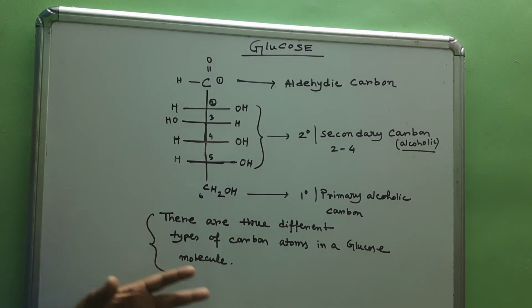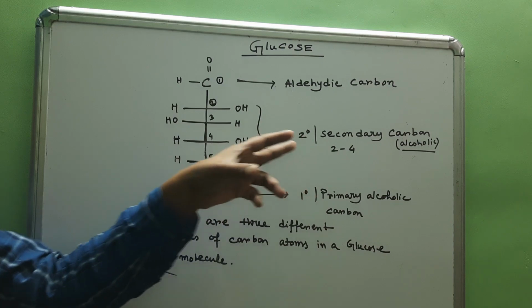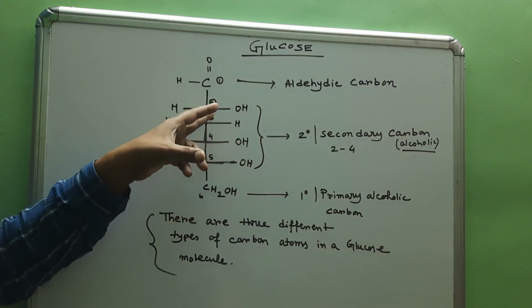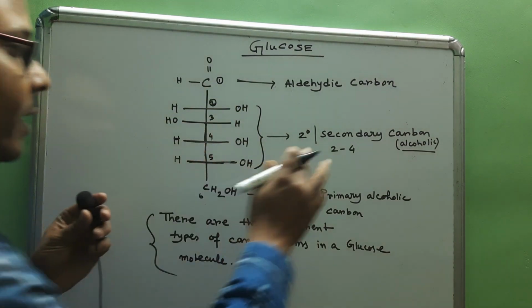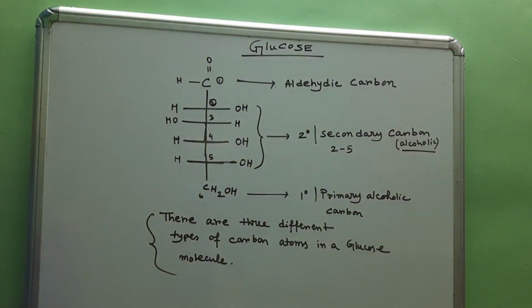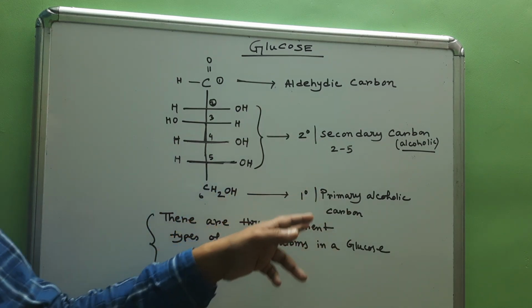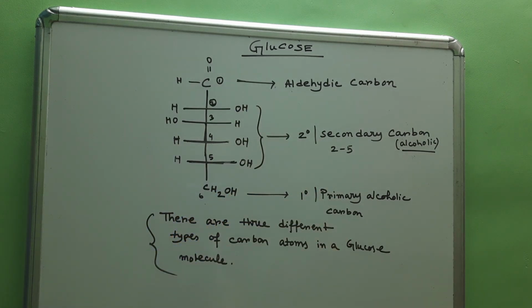There are three different types: one aldehyde carbon, four secondary alcoholic carbon atoms from 2 to 5, and one primary or 1-degree alcoholic carbon atom.